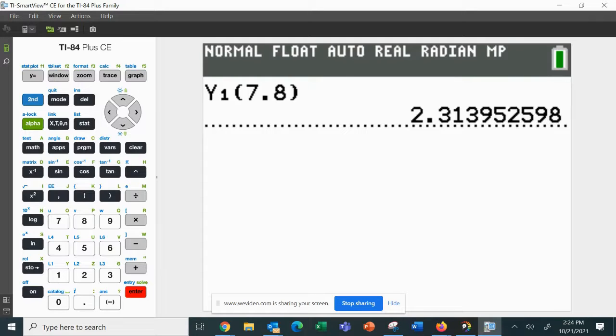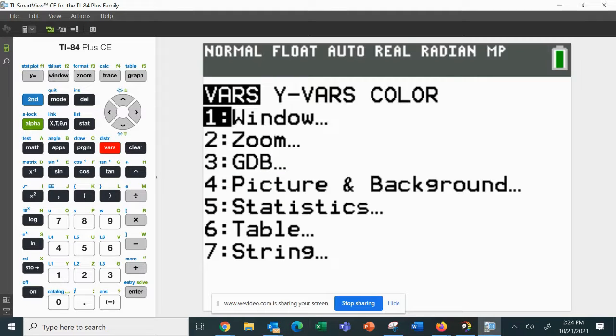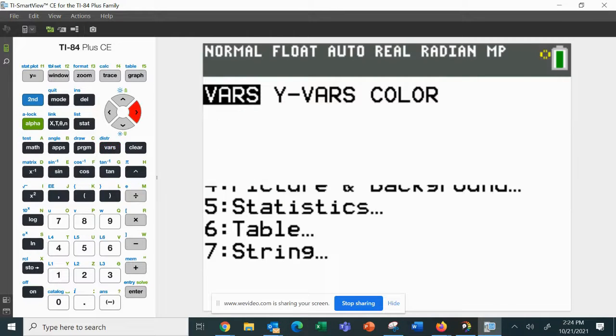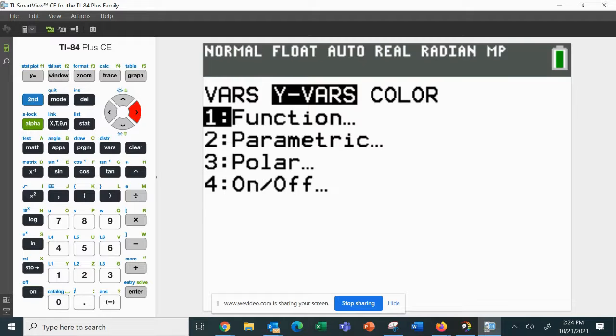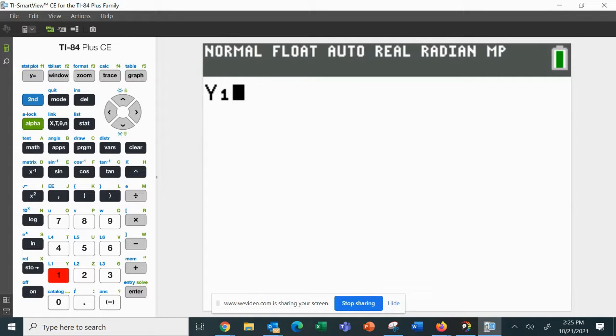What I did from the start is I typed it in, then I went to vars, arrowed over to y vars, and chose number 1, function. Then I chose number 1, y1, because that's where I put my function. Parenthesis, then the number 7.8, close parenthesis, enter.